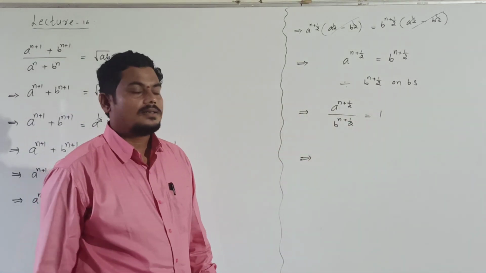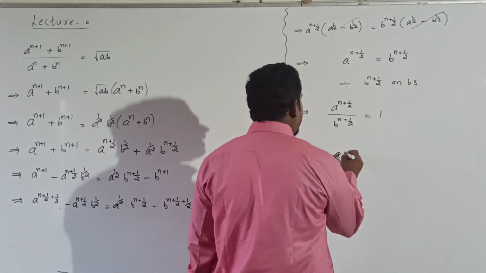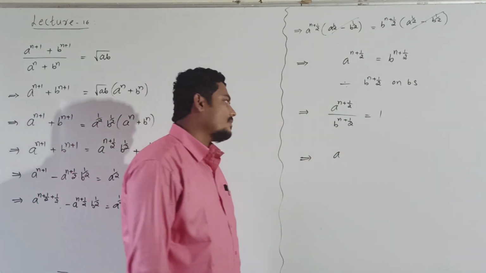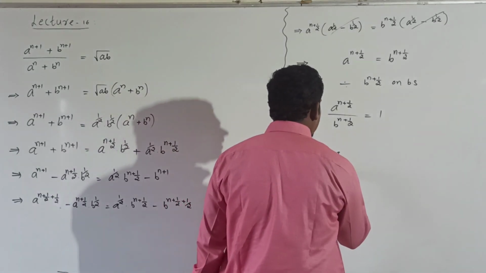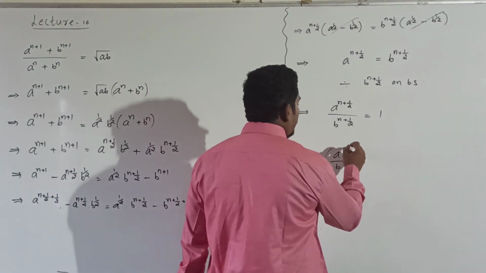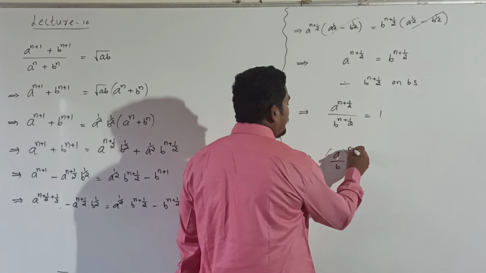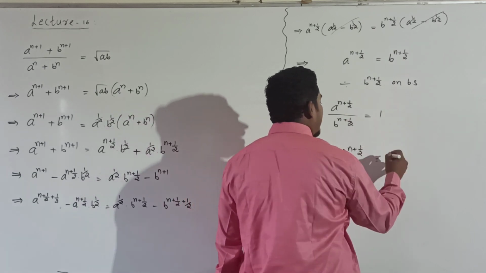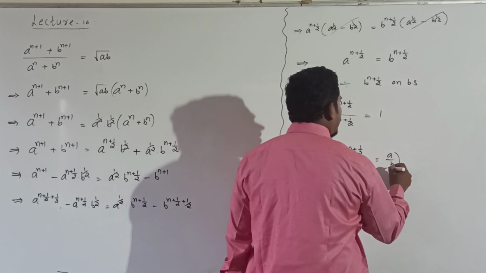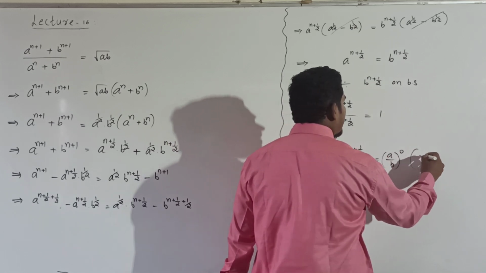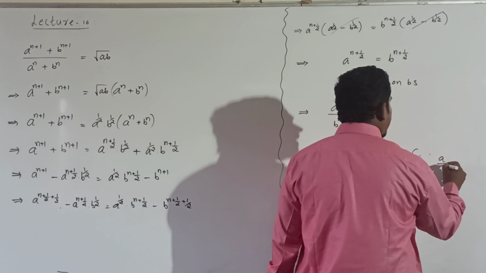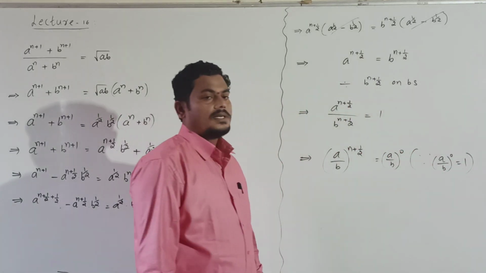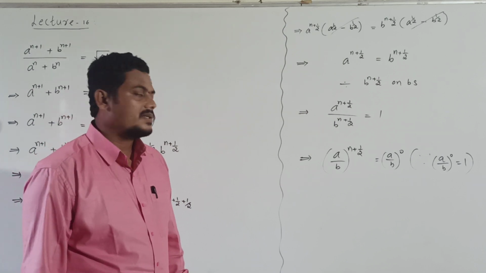After this, I will write a^(n+1/2) divided by b^(n+1/2) as (a/b) whole thing power n+1/2, is equal to, I will write this one as (a/b) whole thing power 0. Why? Because already we know (a/b) to the power 0 is 1. Any finite value to the power 0 is 1.